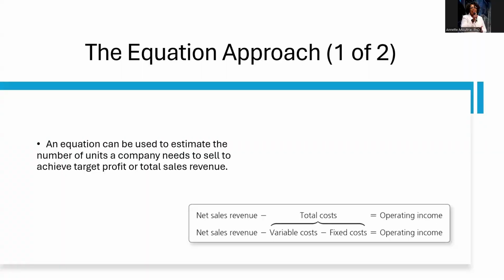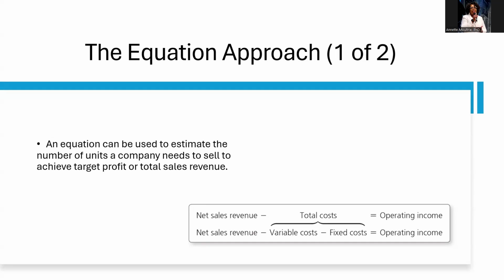So here we have the equation approach. We can further break down total cost into its components, which are the variable and fixed costs. So an equation can be used to estimate the number of units a company needs to sell to achieve target profit or total sales revenue.